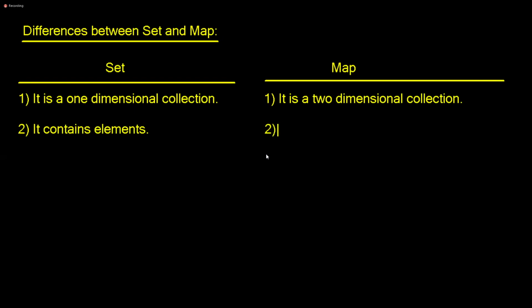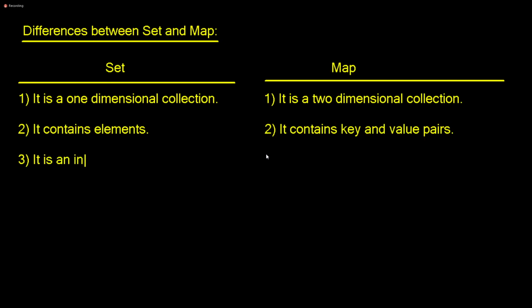Map contains key and value pairs. Set is one-dimensional, Map is two-dimensional.